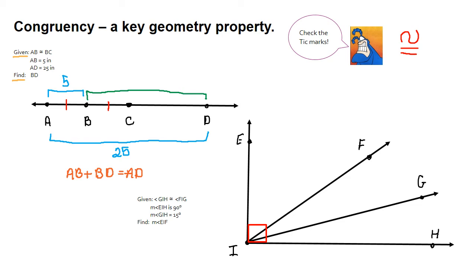Let's see, I think I want some yellow. So A to B is 5 plus, and we don't know what BD is. In algebra, that would be a variable. And A to D is 25. All right, and all great geometry students said, oh my goodness, BD must be 20 degrees. I mean, not 20 degrees, 20 inches.